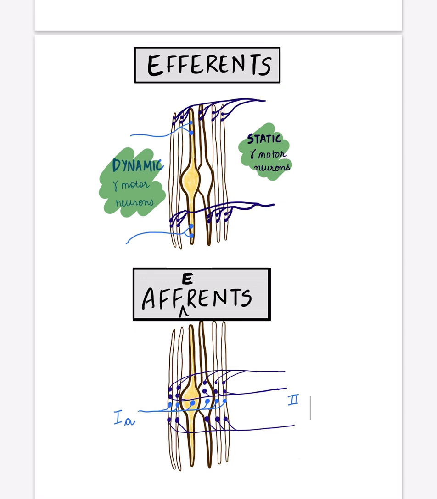The dynamic gamma motor neurons only innervate the dynamic nuclear bag fibers, and the rest are innervated by static gamma motor neurons, which includes this static nuclear bag fiber and the rest nuclear chain fibers.